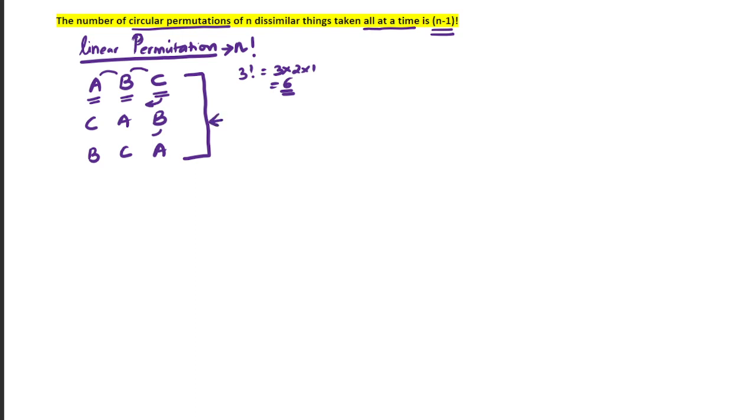Then I'm just going to swap the B and C and write down my fourth arrangement, which will be A, C, B. And I'll be moving B to the front, A to second, and C to the third spot, so that I get B, A, C. Again, I'm going to move C to the front, B to the second and A to the third spot, so that I end up with C, B, A. This is my other 3 arrangements.